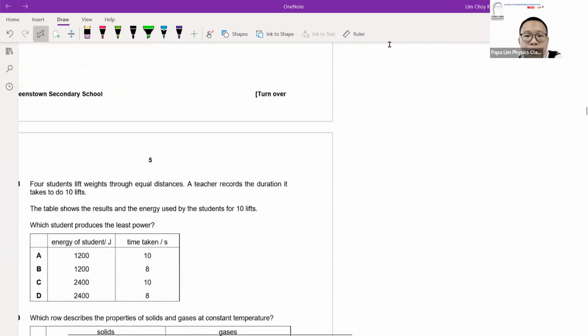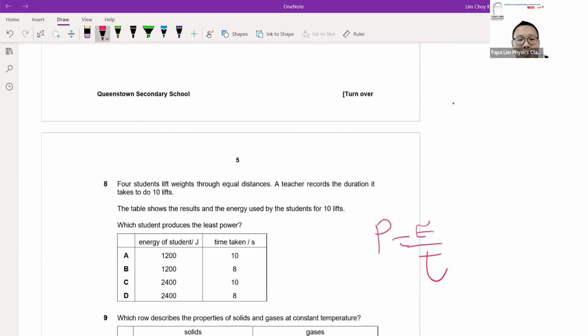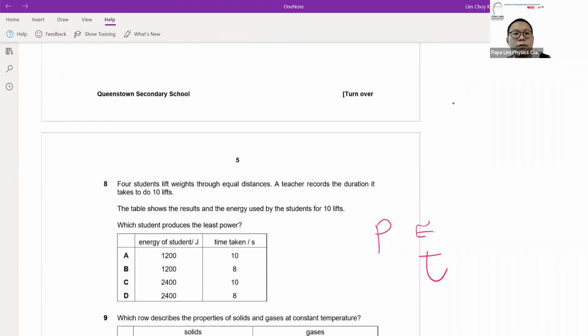Now for this question, the students need to use the formula for power, which is power equals energy divided by time. To calculate power, you need energy and time.